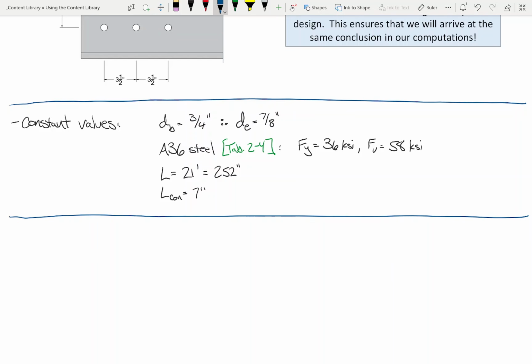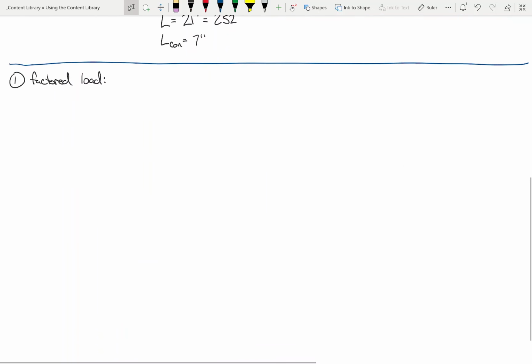Okay, what was step 1? The factored load. What service loads is this member going to be subjected to? There was a dead load. What else? Nothing else, right? What were the dead and live loads?